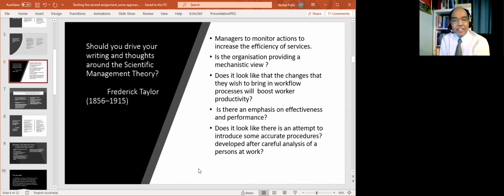Should you drive your writing and thoughts around the scientific management theory? That's an interesting proposition too. Managers monitor actions to increase the efficiency of services. Is the organization providing a mechanistic view? Does it look like the changes that they wish to bring in workflow or processes will boost worker productivity? Will they give better outcomes for the organization?